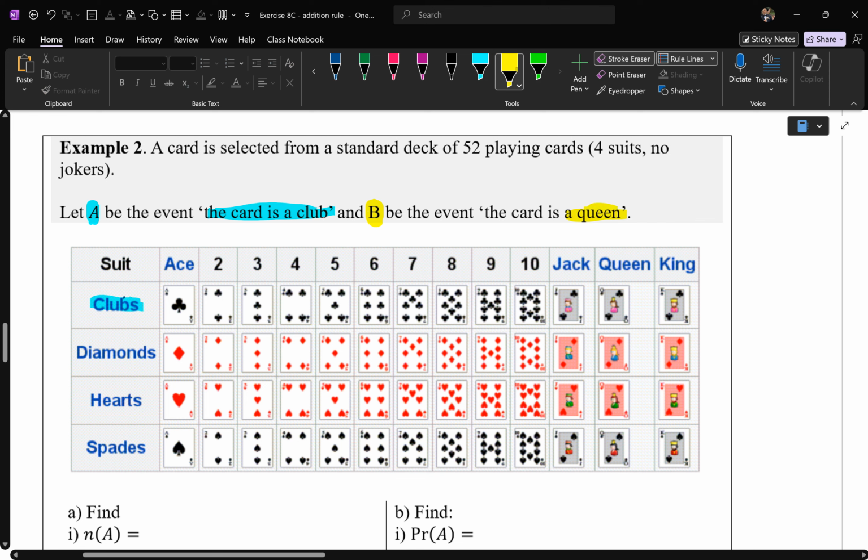So you got a queen of clubs, a queen of diamonds, a queen of hearts, and a queen of spades. Those are the possibilities. Whereas for just clubs, you can get ace of clubs, 2 clubs, 3 clubs, 4 clubs, 5, 6, 7. I'm just going to color all of this. And you can also get this one too. There you go. So that's what we got there.